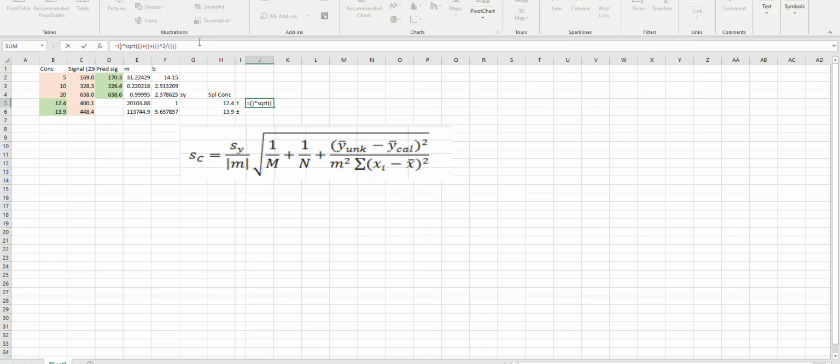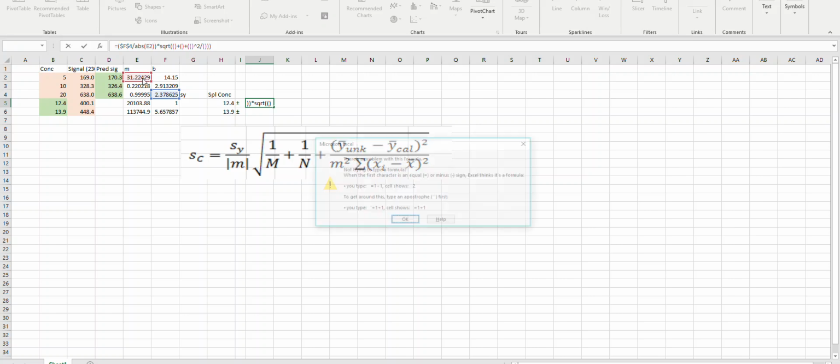This is going to be SY. We're going to F4 that, divided by M. So we'll take the absolute value of M. Doesn't really matter in this case whether you take the absolute value of M or not, because it's positive.